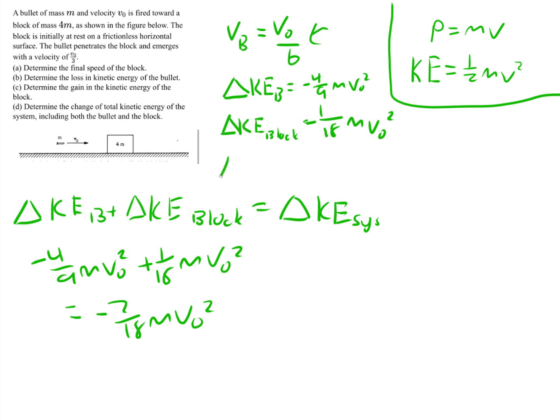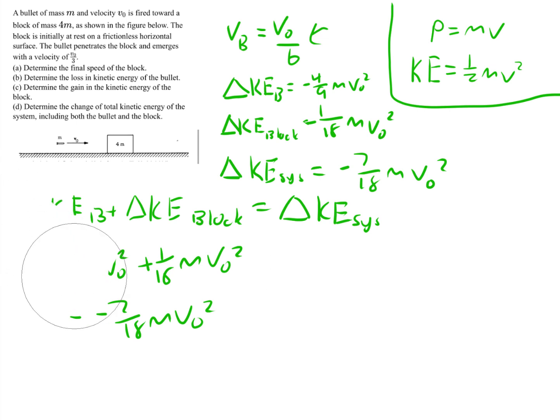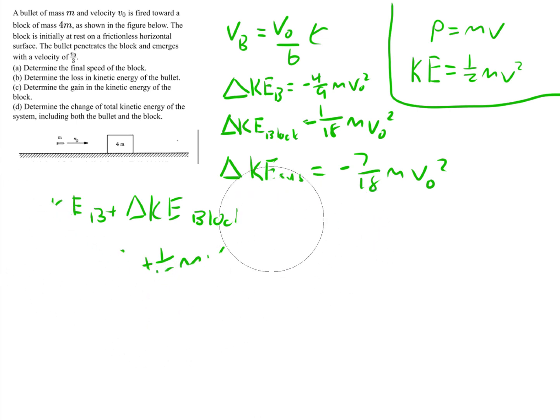So the total change in kinetic energy of the system is equal to minus 7/18 times the initial mass of the bullet times the initial velocity of the bullet squared. And that is the solution to part D of this problem.